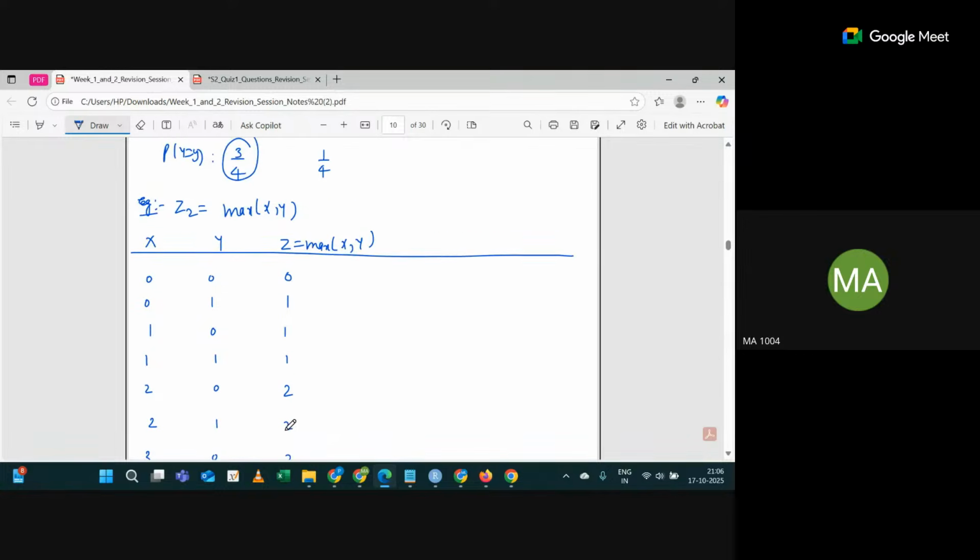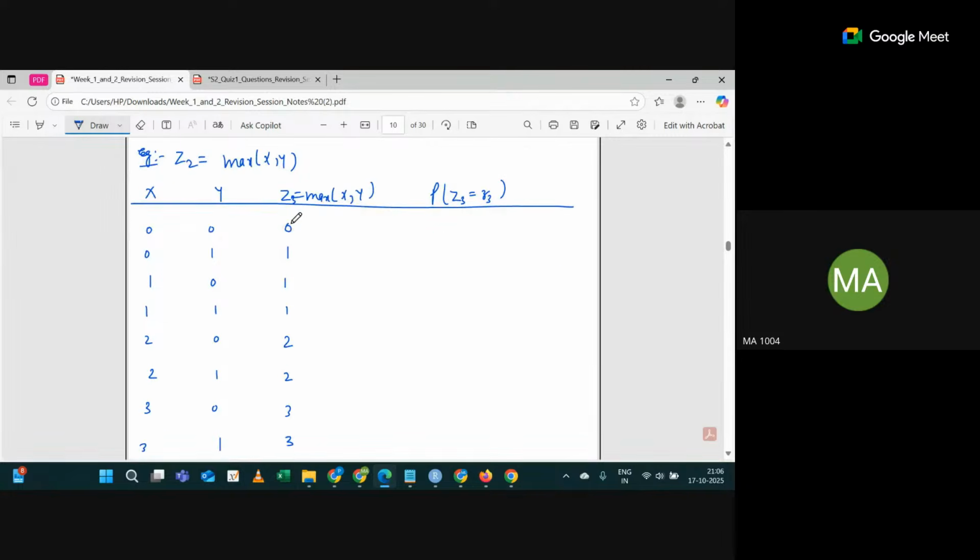Now, what is the probability that Z will take value 0? This is true when X is 0 and Y is equal to 0, the only possibility.